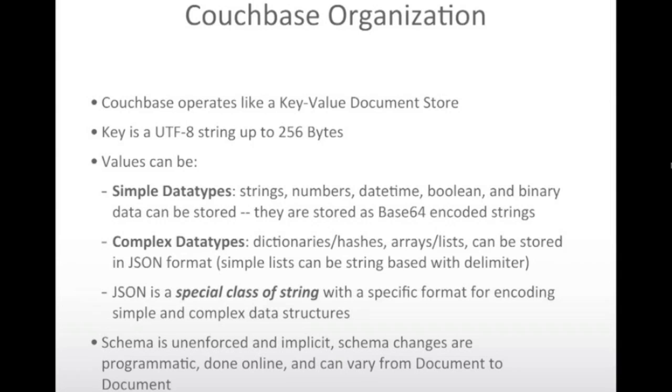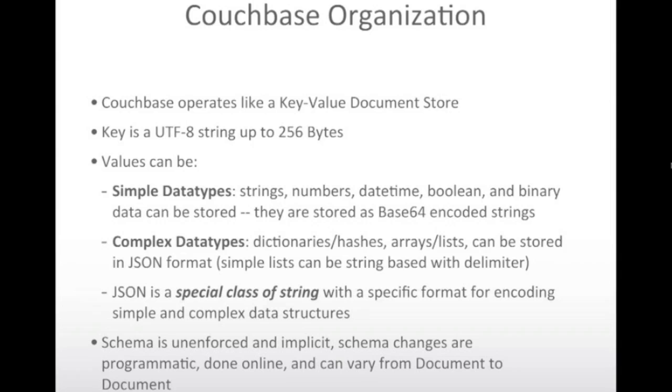Couchbase operates like a key value document store. If you're a programmer, dictionaries and hashes are also key value stores. This is a distributed key value store, and the key can be up to 256 bytes. Values can be simple data types like strings and numbers. It doesn't have to be JSON per se. It can be just straight, simple data. It can also be binary data.